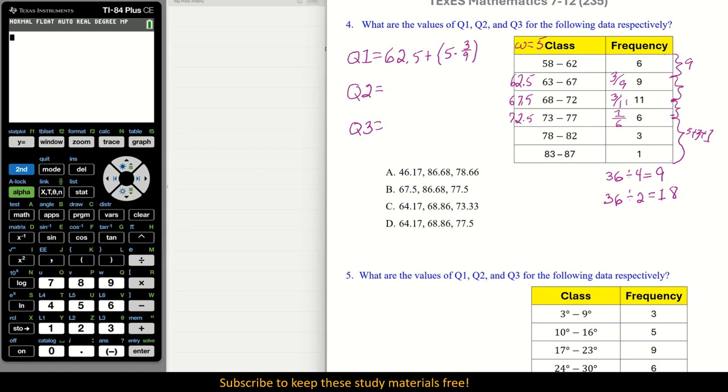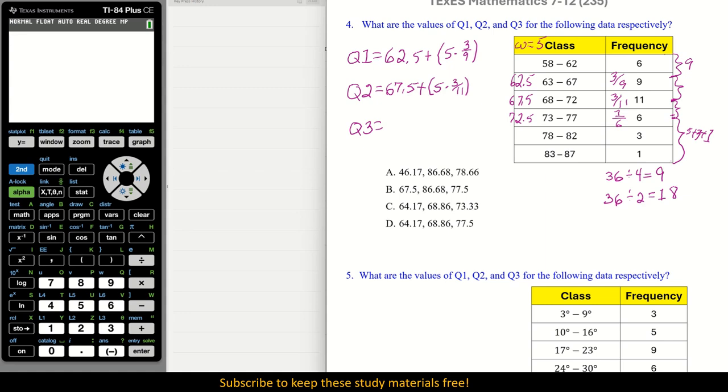Now, for Q2, which we already have done, and you might remember the value of that, that's 67.5 plus 5 times 3 out of 11.